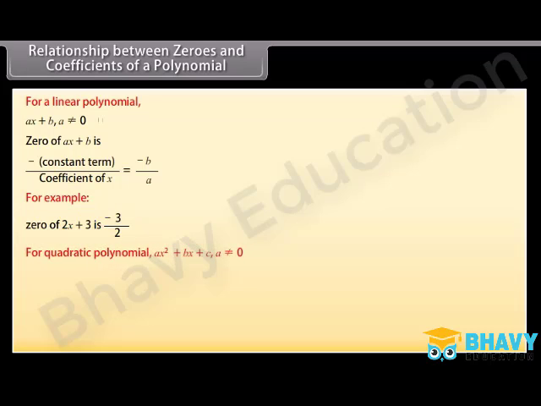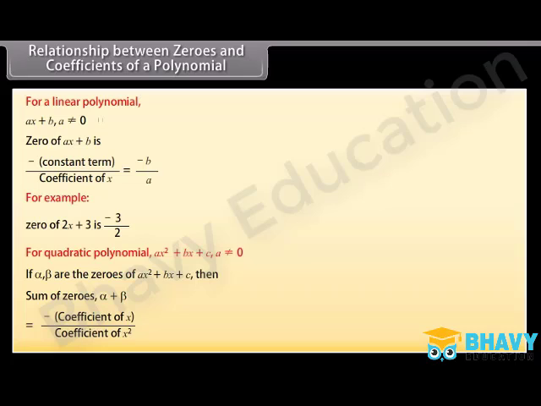For a quadratic polynomial ax square plus bx plus c, a is not equal to 0. If alpha, beta are the zeros of ax square plus bx plus c, then the sum of zeros, alpha plus beta, is equal to minus coefficient of x upon coefficient of x square, which equals minus b upon a.